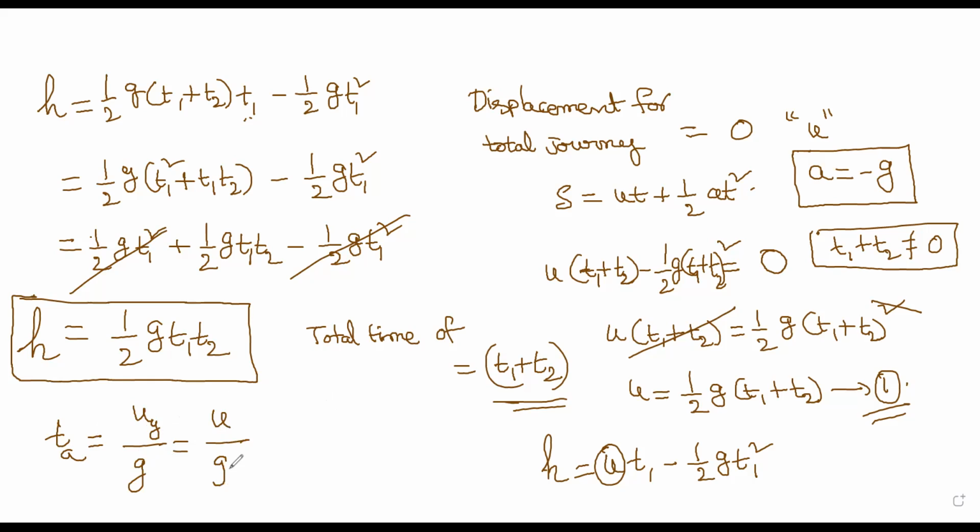So u by g, with u equal to half g into t1 plus t2, divided by g. The g gets cancelled, and what you get is t1 plus t2 by 2.